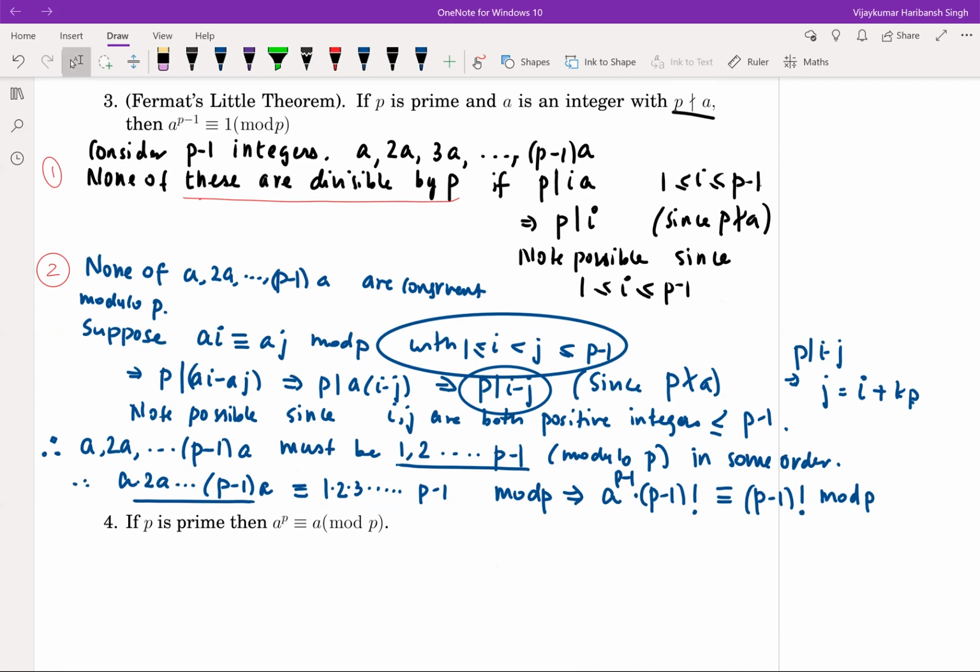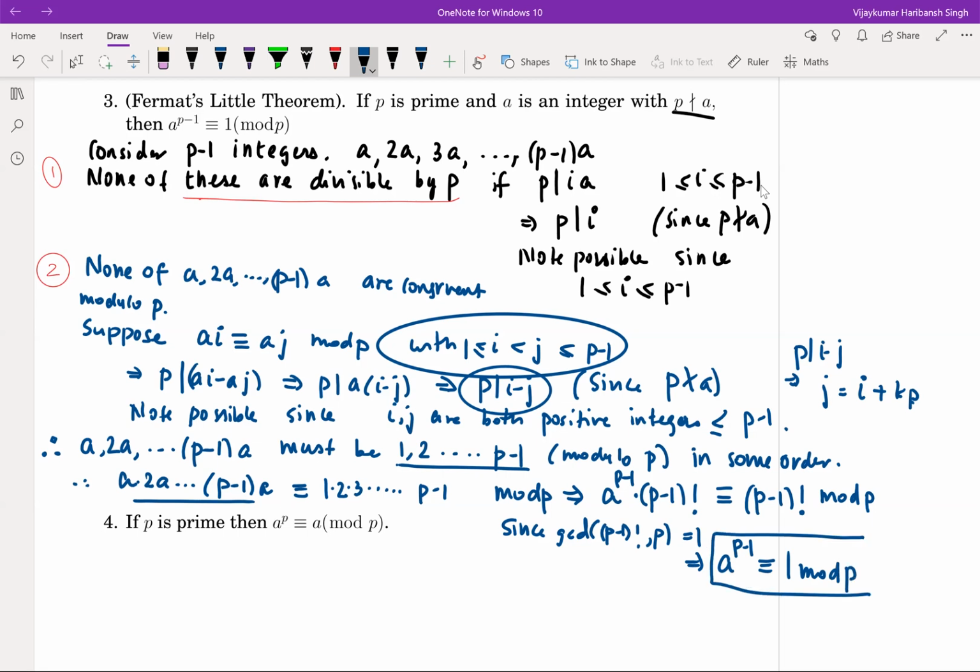But since the GCD of (p minus 1) factorial and p is 1, we can divide both sides by (p minus 1) factorial. So we get a to the power p minus 1 is congruent to 1 mod p. So this is your theorem proved.